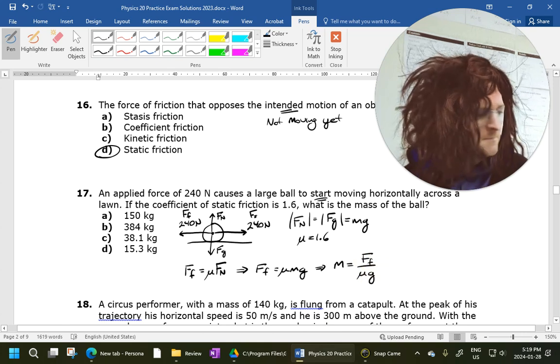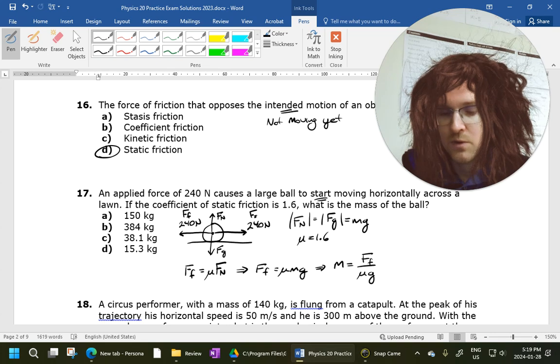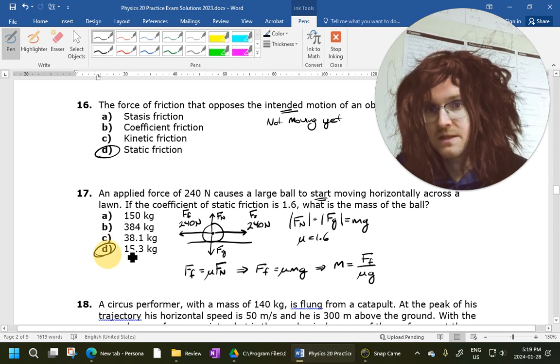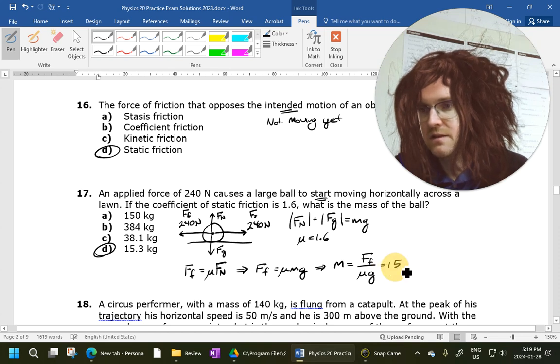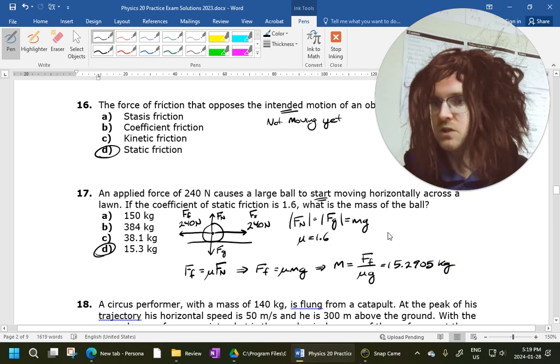There you go. All right, so we got 240. We're going to divide by 9.81 and the 1.6 number. So we get 15.2905 kilograms. There we go. Cool.